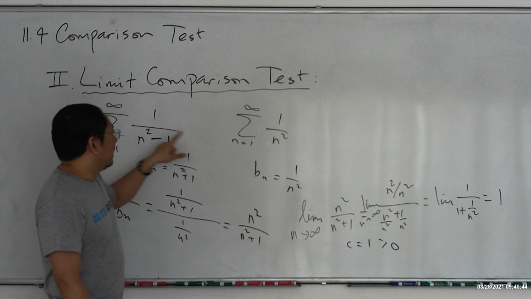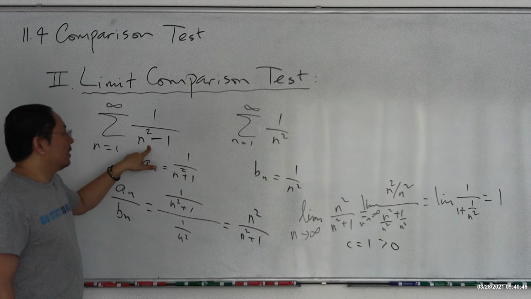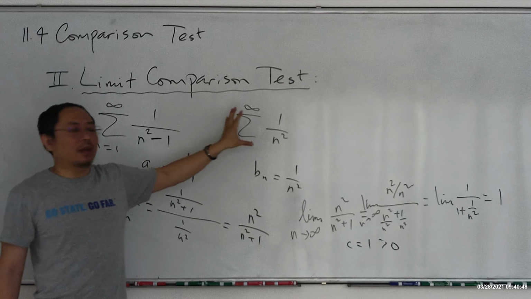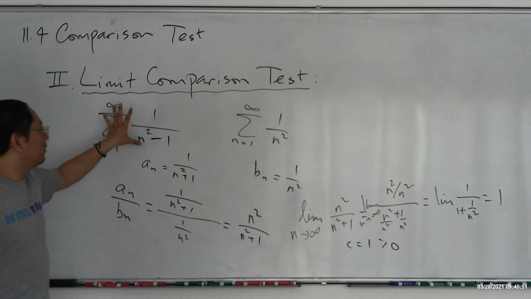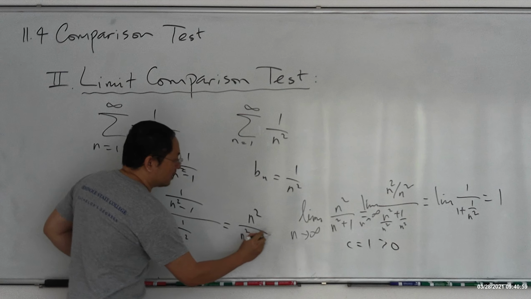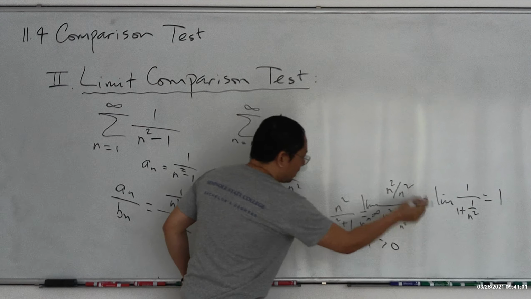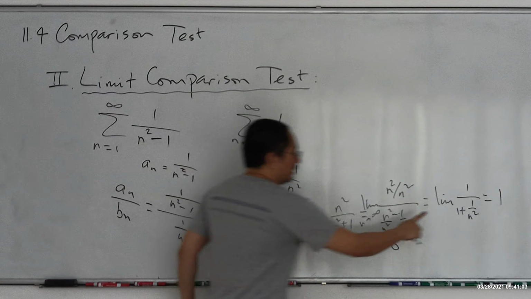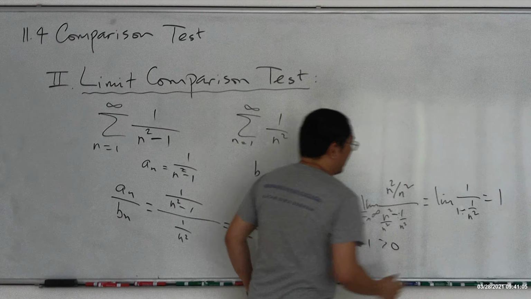And this is convergent. We don't know if this is convergent or divergent. Something that's bigger than a convergent series could be convergent or divergent. But if you do the limit one, then it's going to work. It's minus in here, minus right there, the limit is still 0. And the two series still behave the same way.